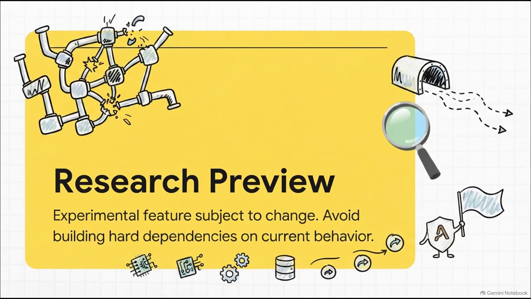Now, in Anthropic speak, that's a very polite but firm way of saying, hey, this is experimental. It means the entire feature, including this shiny new endpoint we've been talking about, is still completely subject to further potentially breaking changes. You are highly advised not to build rigid, hard dependencies on this current behavior without engineering some serious flexibility, or at least some solid fallbacks into your system to account for its experimental nature.